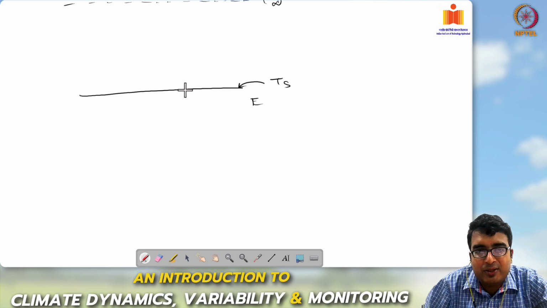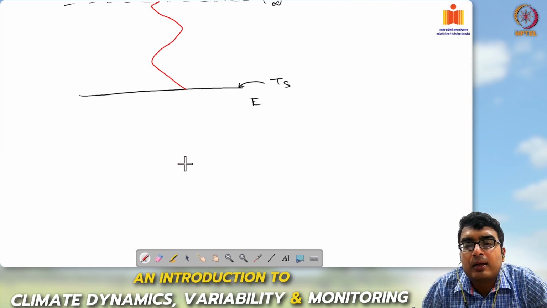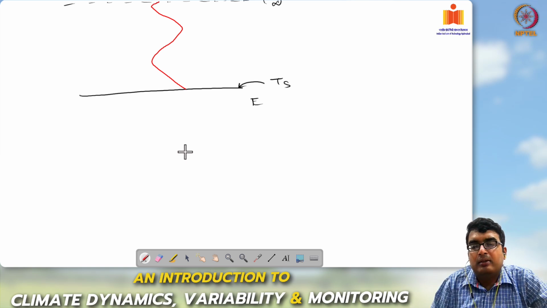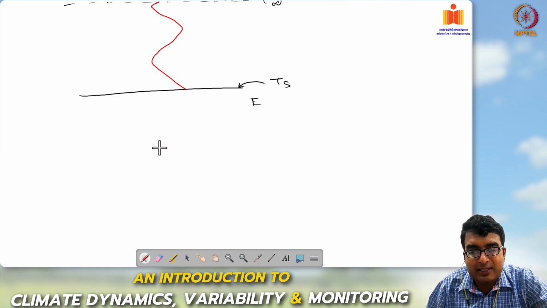We have looked at this temperature gradient: troposphere, then stratosphere, mesosphere, etc. And while we have said what this temperature gradient is, the mean environmental lapse rate, we have not said how this temperature gradient is established.